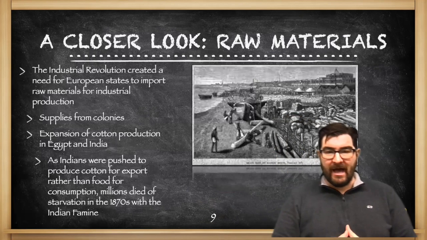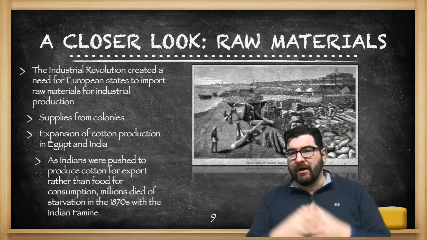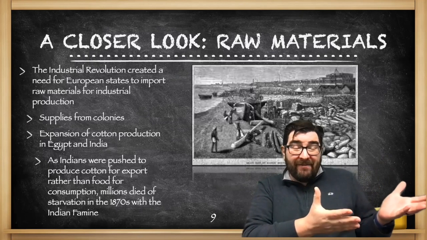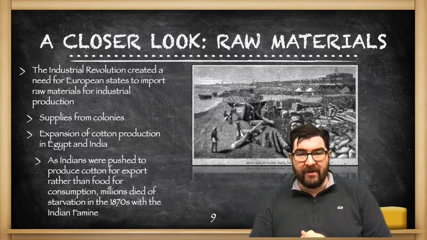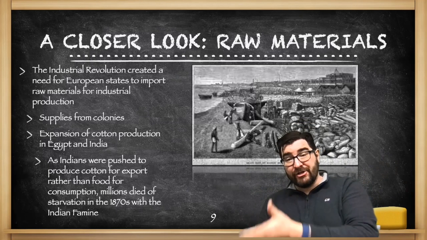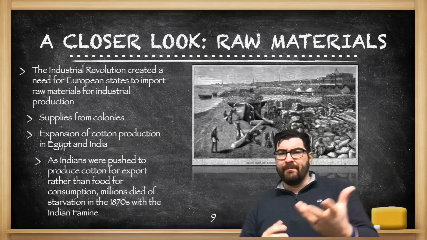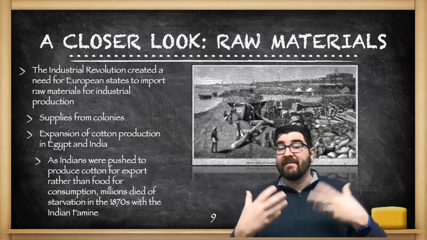Now, obviously, the Industrial Revolution needs a vast amount of raw materials that just aren't all found in England, and that's where nations are going to look to overseas colonies for that production. So England, with its textiles, needs a lot of cotton.